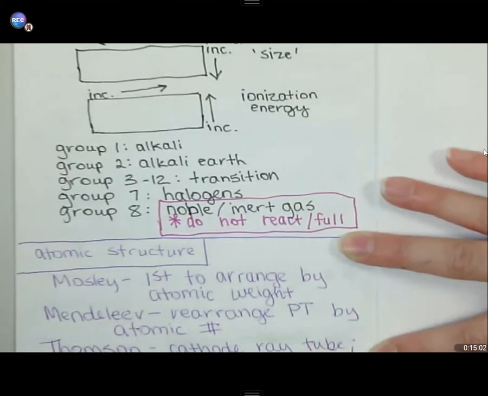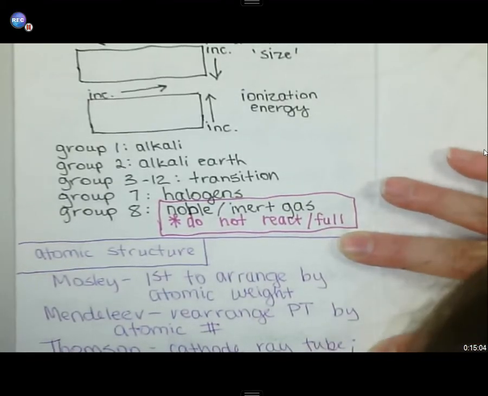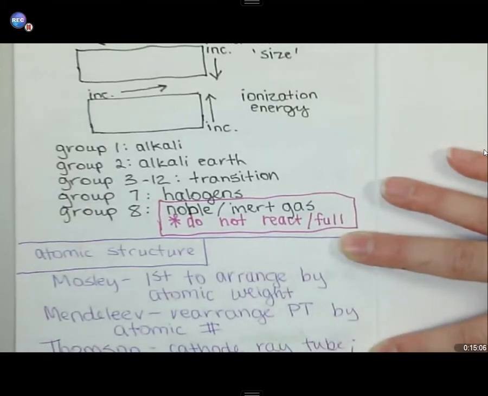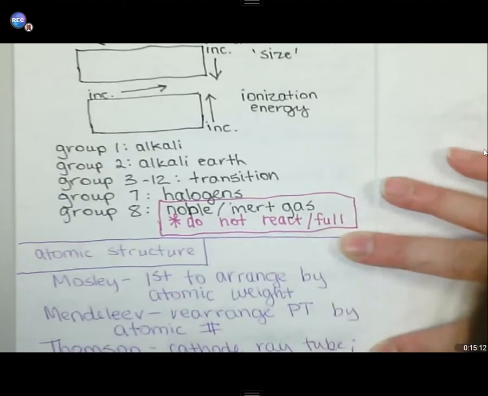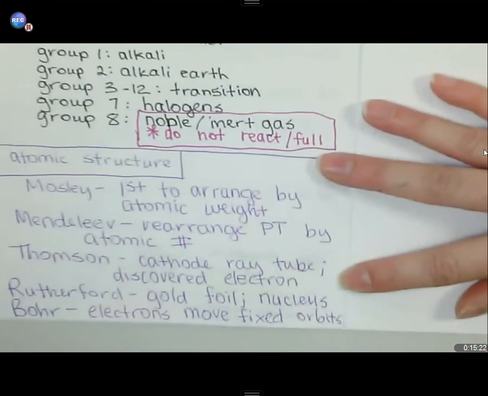And then we have Bohr, like in the Bohr model. He's the one that said electrons move in fixed orbits. I'm abbreviating as much as I can because I'm running out of room. Oh, y'all can't even see. I'm sorry, guys.